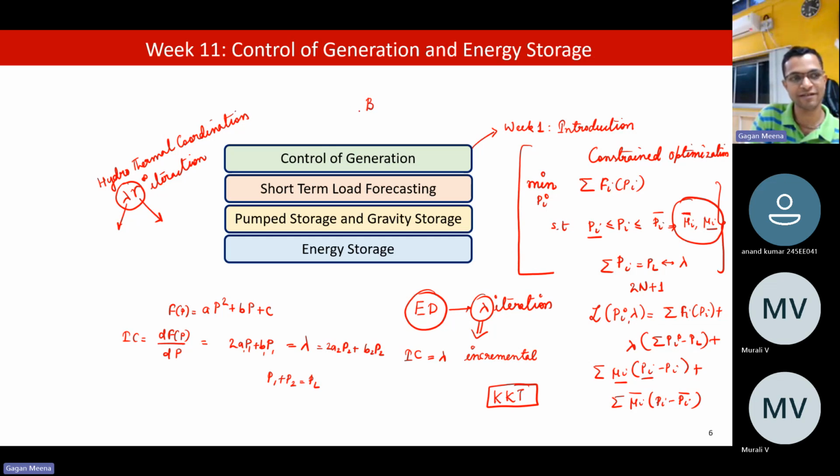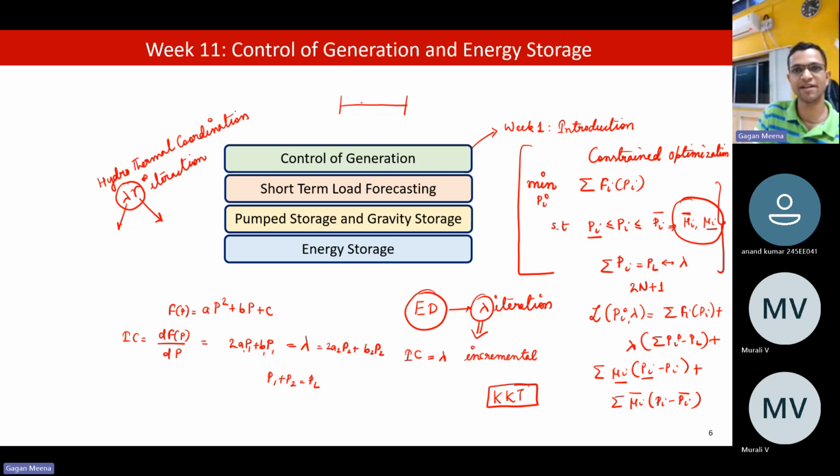what is the equality constraint in DCPF? What is the equation? We have solved numericals also on that. How do we relate injection and angle? Power is equal to the matrix B into angle theta.